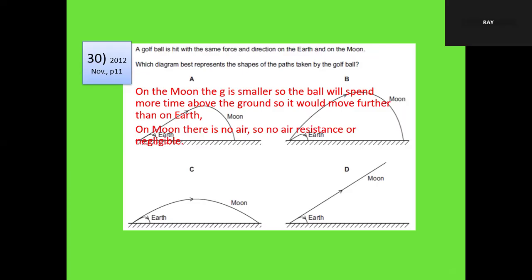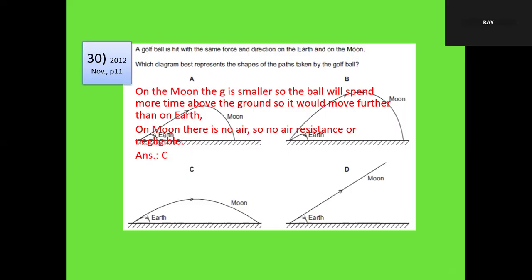On the Moon there is no air resistance, so air resistance is negligible. The answer is C. Wait, why is B or A wrong? A cannot be right because on the Moon there's no air resistance, so it should be symmetrical. Okay.